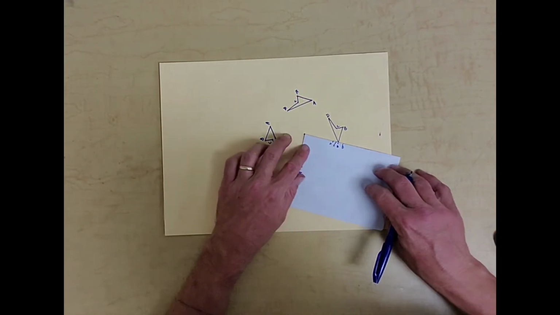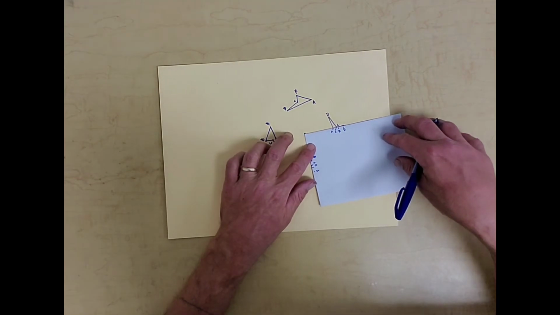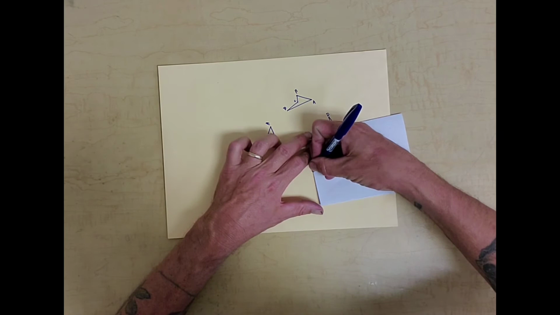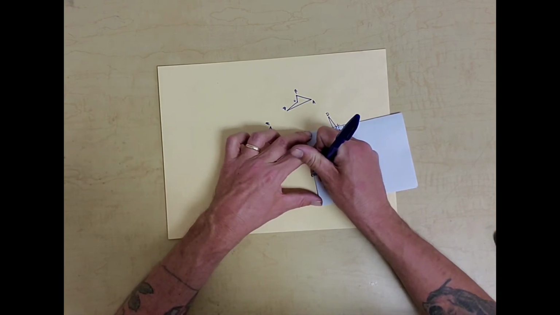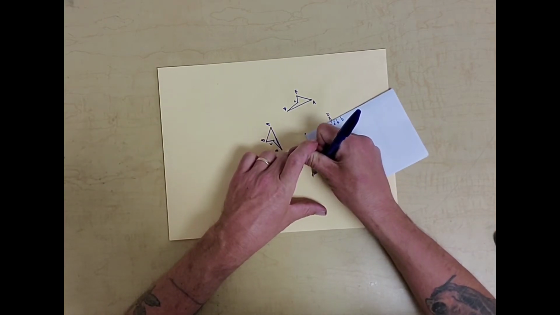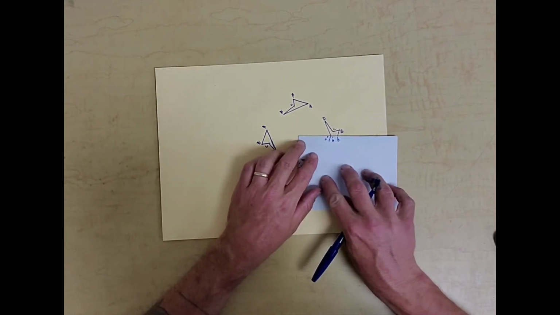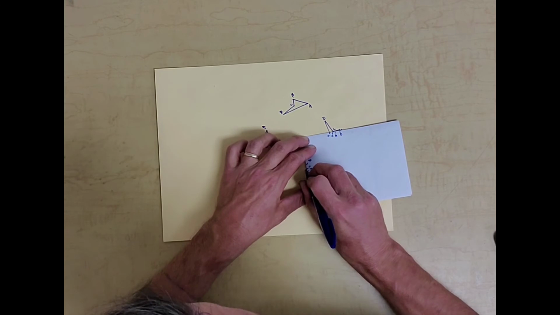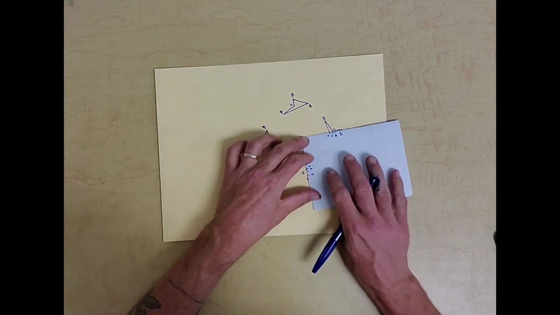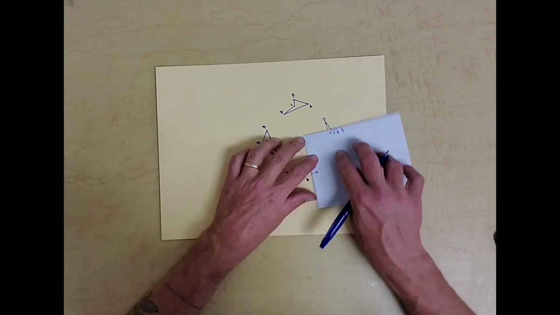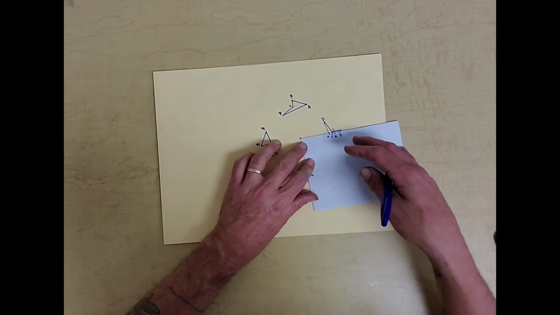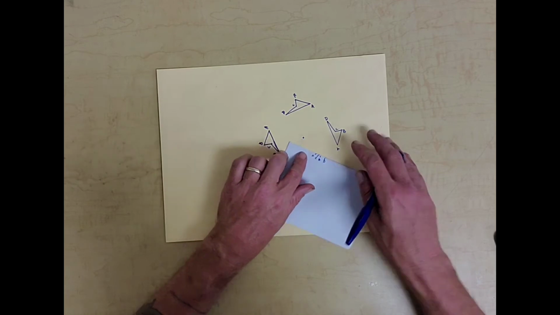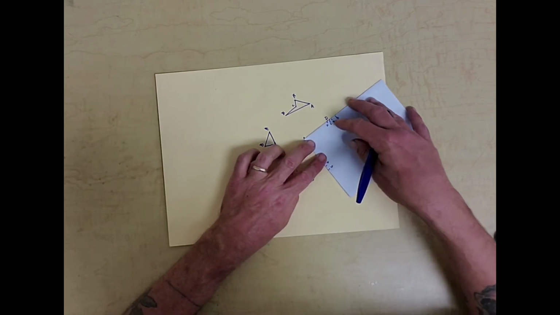There's A, and then do it again for B. And do it again for C. And one more time for D. Did I do C in the right place? I don't think that I did. Oh, I did, okay. Whew. And then do it again for point D.